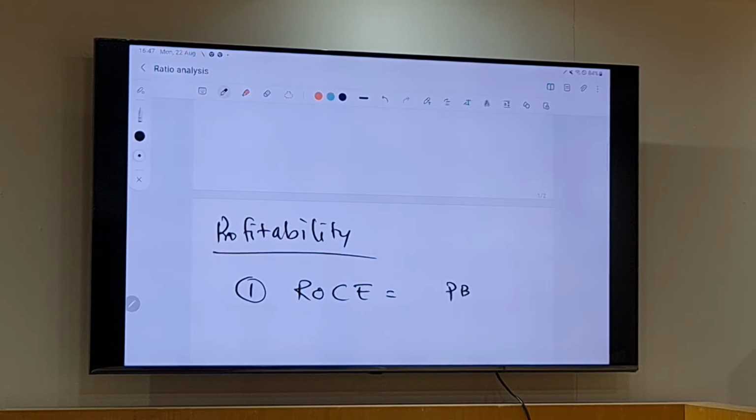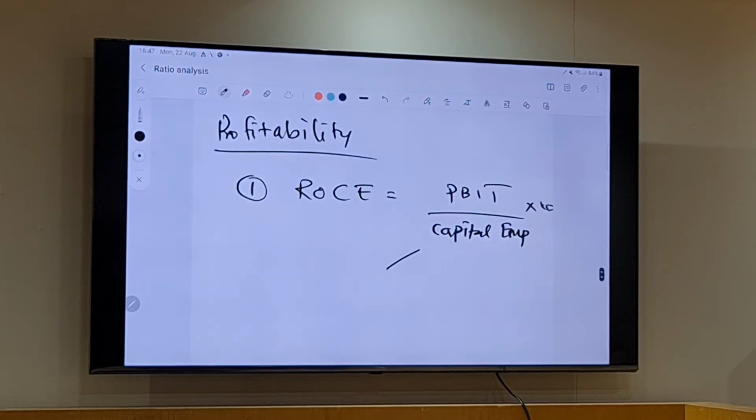Profit before interest and tax divided by capital employed into 100. This capital employed is equity plus non-current liability. The total of these two comes here. So when you take the equity plus non-current liability and then the profit before interest, you divide and then multiply 100, you get this.